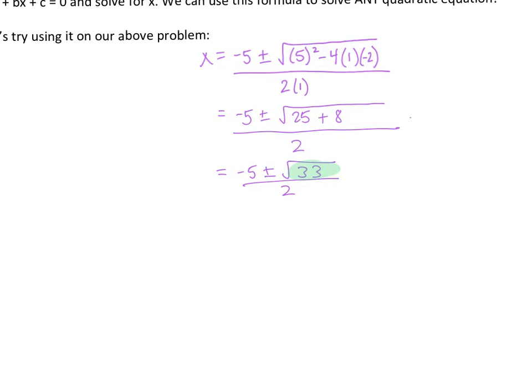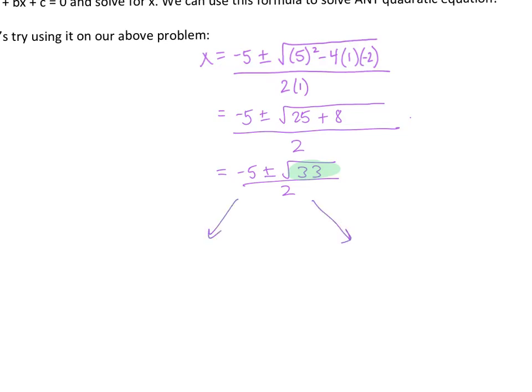So looking at this problem, we want to make sure that whatever the decimal is on the square root of 33, we're adding that or subtracting that to -5. So when I simplify what's underneath the radical, I like to break this down into 2 parts.